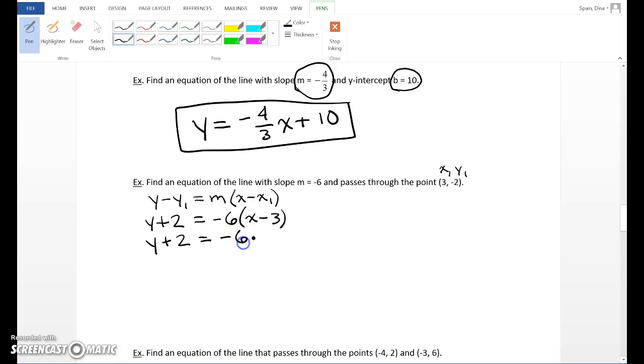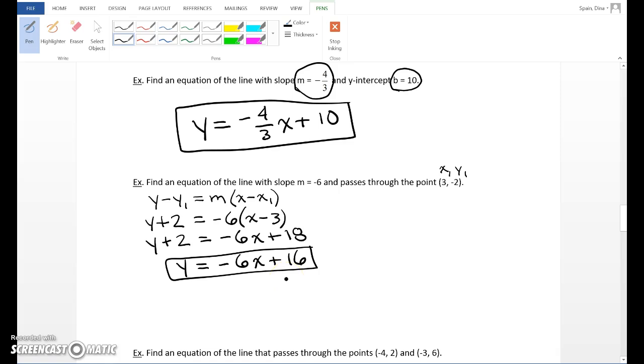That means the y is on one side by itself. So let's distribute the -6 on the right, and then move this constant over, and we'll have our answer. So it'll be a +16 there. That's the answer. This is your equation. Our answer, we want it in slope-intercept form.